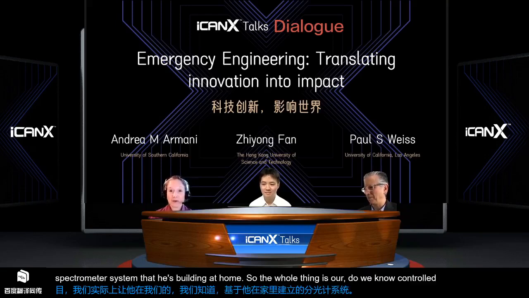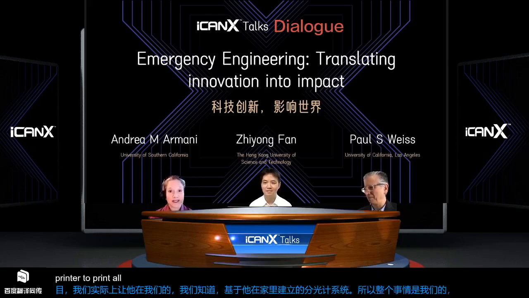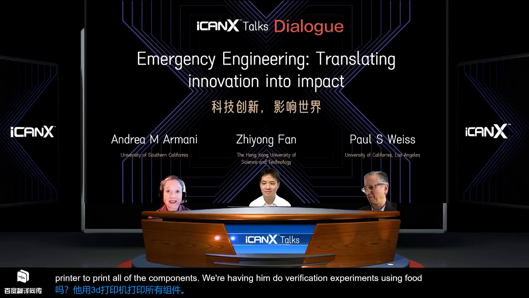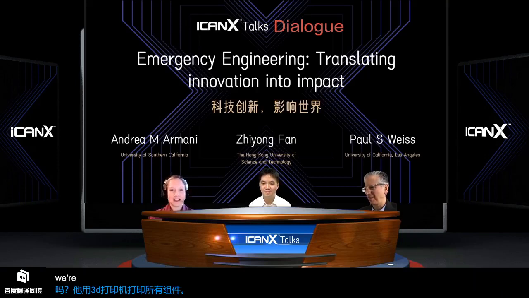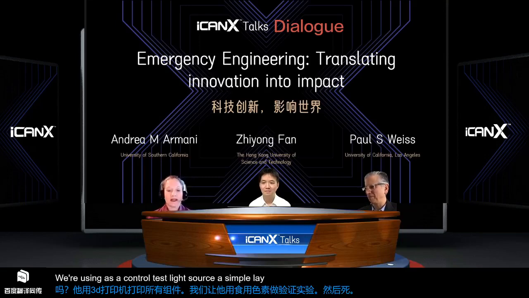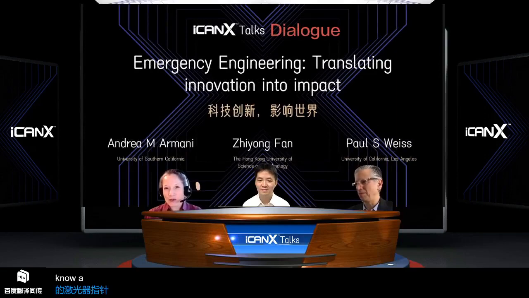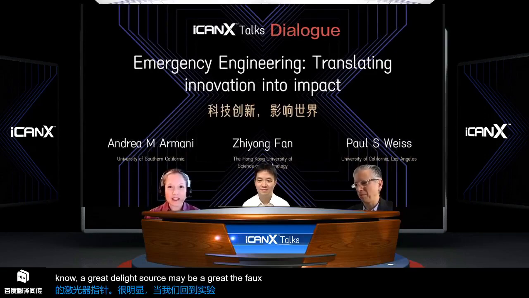He's using a 3D printer to print all of the components. We're having him do verification experiments using food coloring and dye. We're using a simple laser pointer as a control test light source. Obviously, when we get back into the lab, we'll upgrade the light source, maybe upgrade the photodetector.